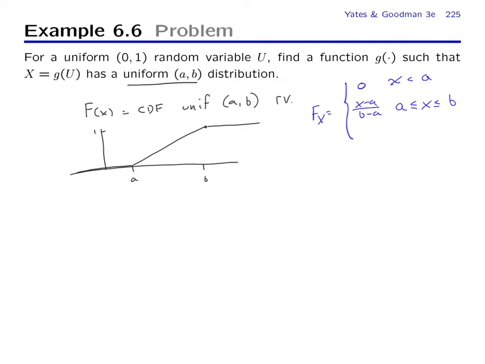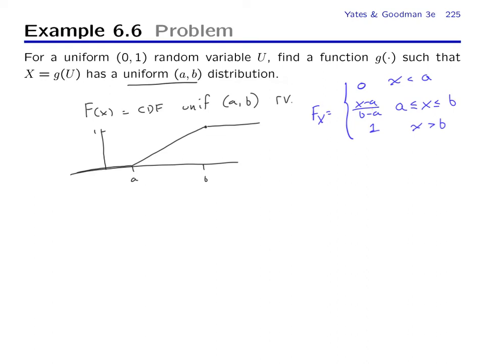And you can check that this function is 0 at x equals a, and then it grows linearly, and then at x equals b, it's equal to 1. And then finally, it's 1 for x greater than b. And the key piece we're interested in is this piece right here, where we need to have the inverse of the CDF function.